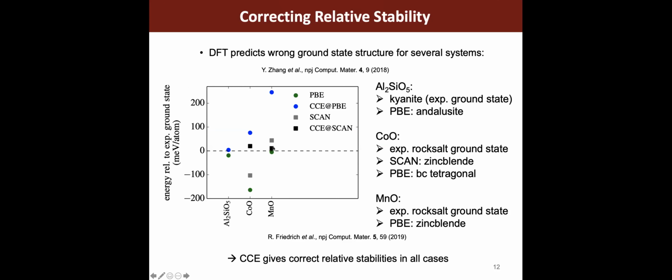Yes. So you're basically referring to this black point and this blue point. Yes, that's a good observation. That's a very good point. That is something we want to work on in the future. Getting the qualitative energetic ordering right is something that CCE captures very, very well. But the quantitative difference is harder to capture, because these systems potentially suffer a lot from the self-interaction error.